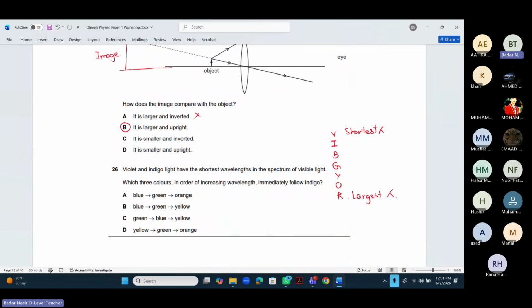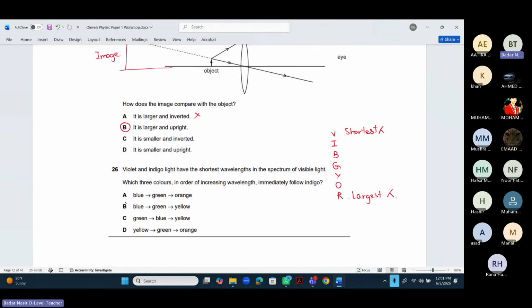Which three colors in order of increasing wavelength immediately follow indigo? In order of increasing wavelength. So indigo के बाद हमारे पास आता है ब्लू, ब्लू के बाद ग्रीन और ग्रीन के बाद हमारे पास हैव ऑरेंज। सो ब्लू, green or yellow.